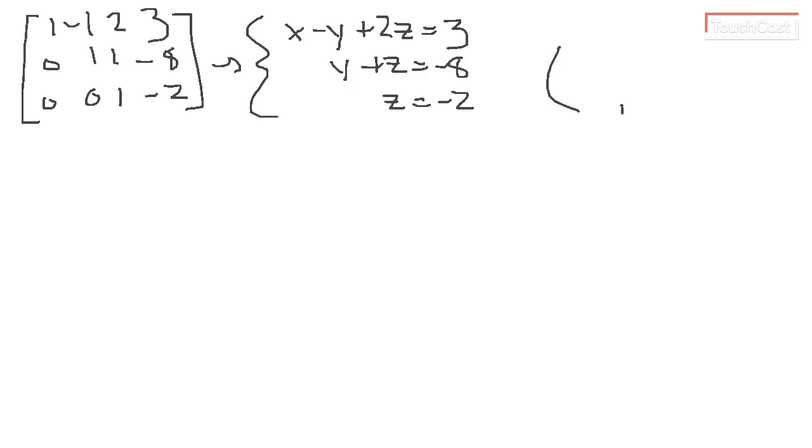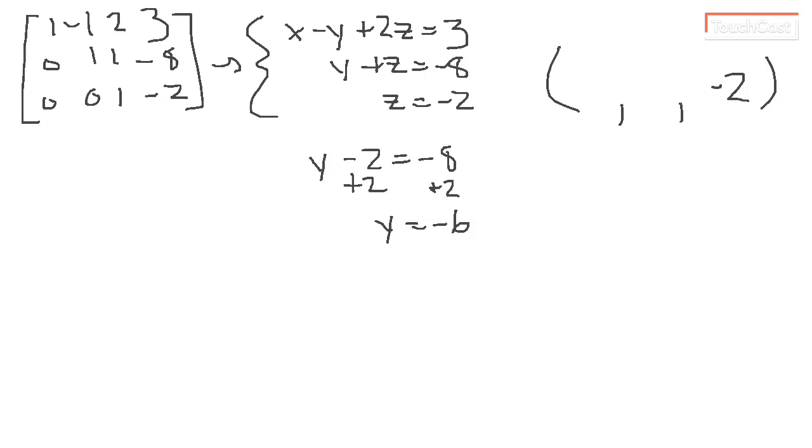So we know for our solution set, our z term is negative 2. I'm going to now plug that in. So y minus 2 is equal to negative 8. If we add 2, we find y is equal to negative 6. So we've got our y part.